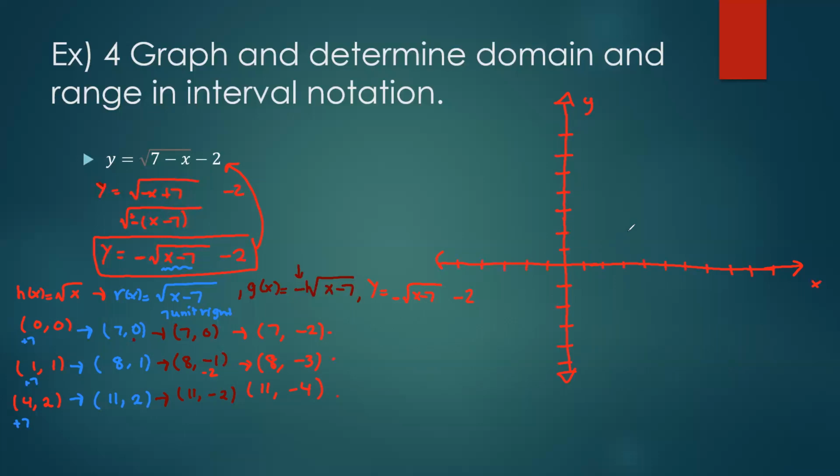Okay, 7 comma -2 would be 2, 4, 6, 7, -2.